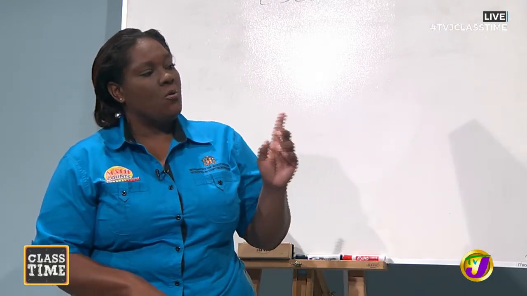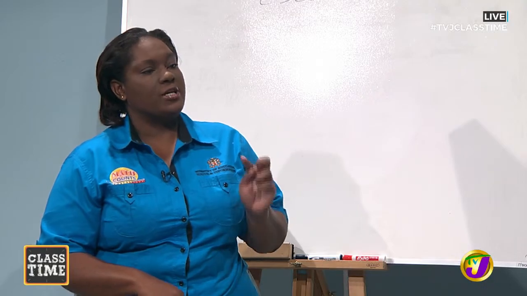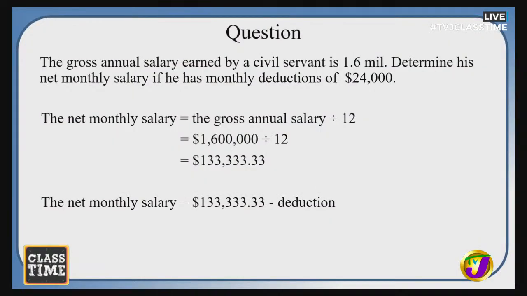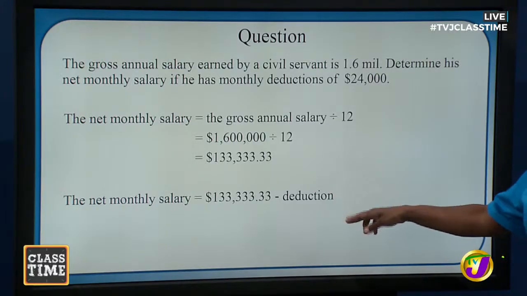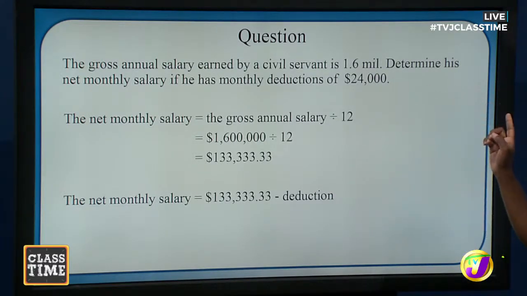So this $133,333 and 33 cents is really the gross monthly, because the deductions have not yet been taken. If we have the gross monthly, we need to find the net monthly salary, so we take out the deductions. From the $133,333 and 33 cents, we subtract 24,000.